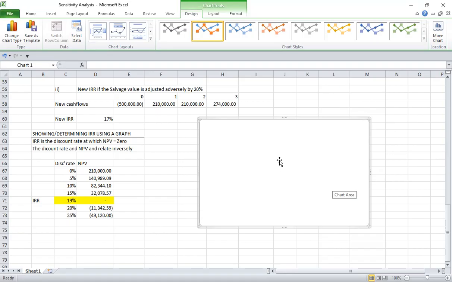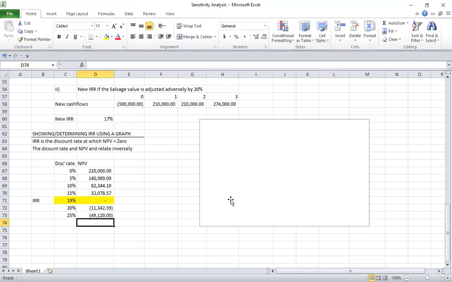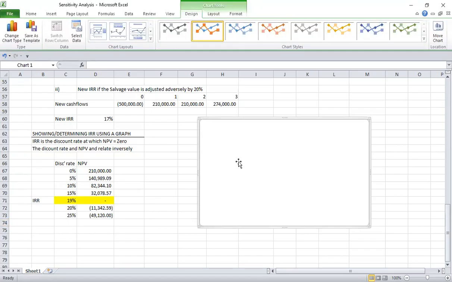Why is the chart area blank? The chart area is blank because we have not yet put any data in it. So we need to put this data so that a graph forms inside here. And how do you put this data that we want to plot in this chart?